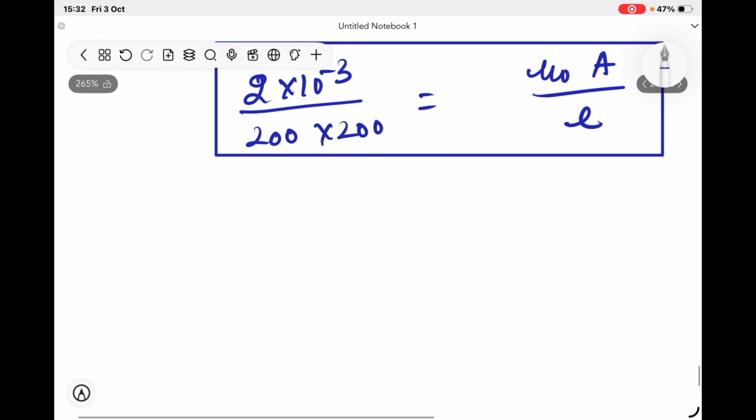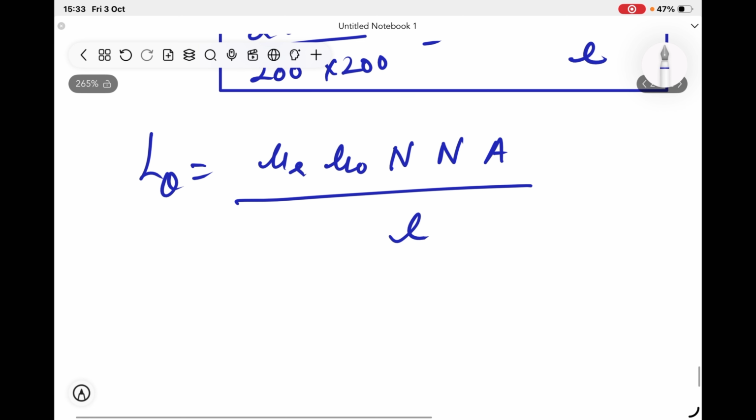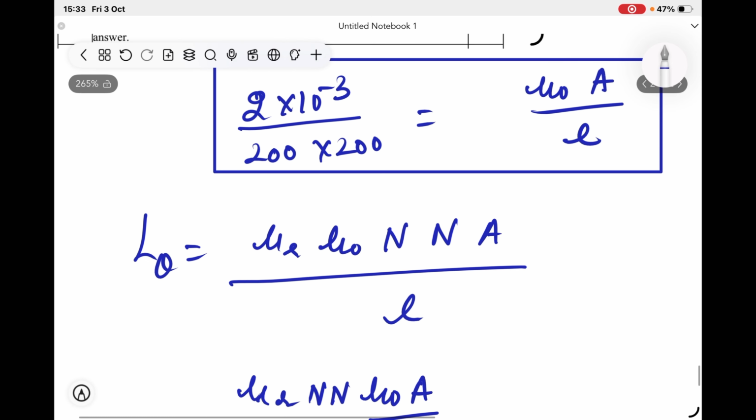Now we have to find out the self-inductance of Q, which will be written as again mu r into mu naught n square A by L, because some material is there inside Q. We are ready with mu naught A by L, which is this.